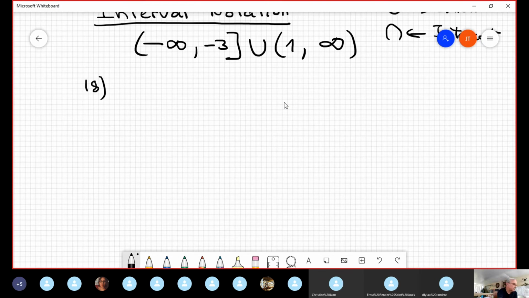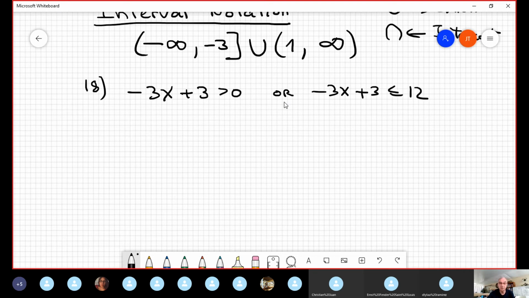18 is minus 3x plus 3 greater than 0, or minus 3x plus 3 less than or equal to 12. Okay? I solve both inequalities separately. Minus 3x plus 3 greater than 0: minus 3x greater than minus 3.